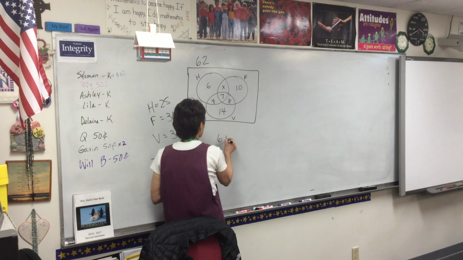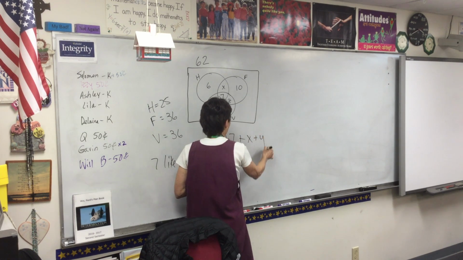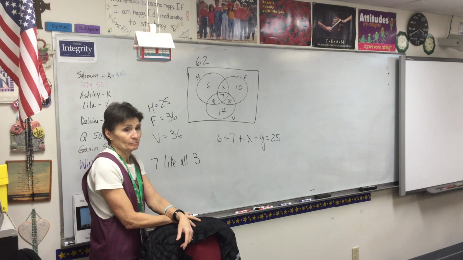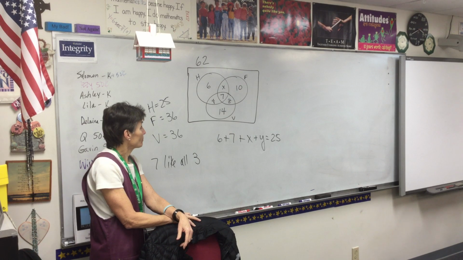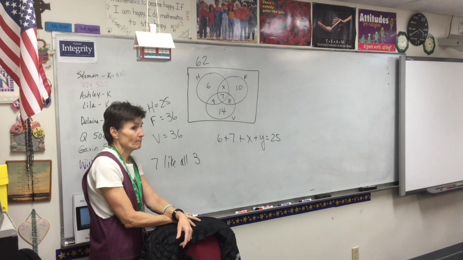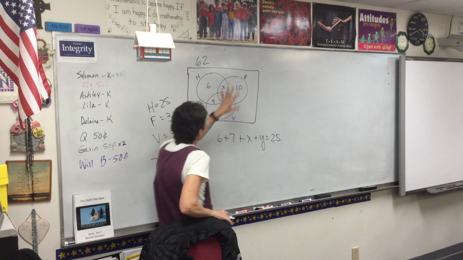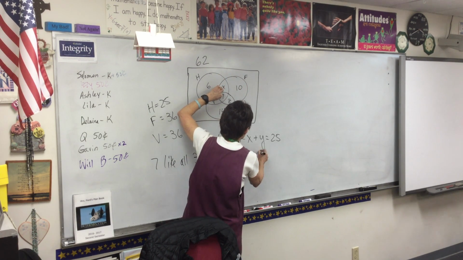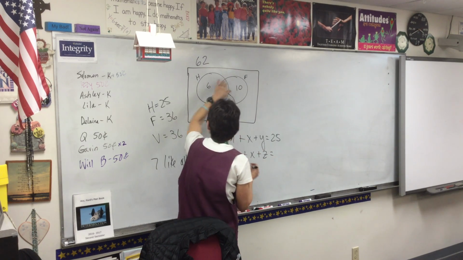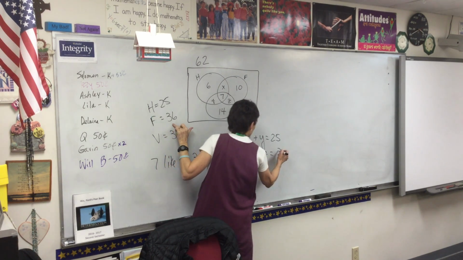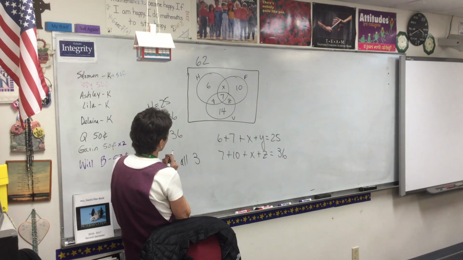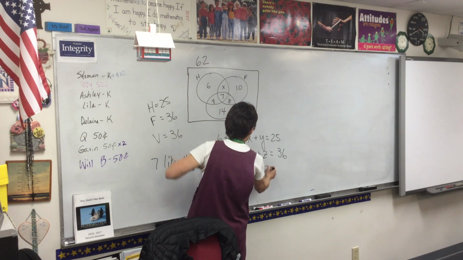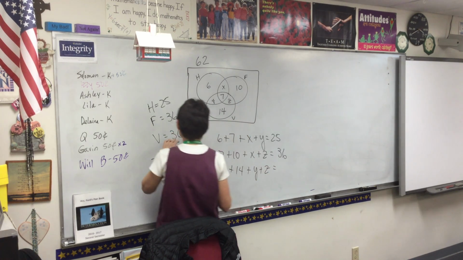So 6 and 7 and X and Y have to add up to 25, right? Agreed? Yes. And let's look over here. 7 and 10 and X and Z have to add up to the 4th of July, 36. And 7 and 14 and Y and Z have to add up to also 36.